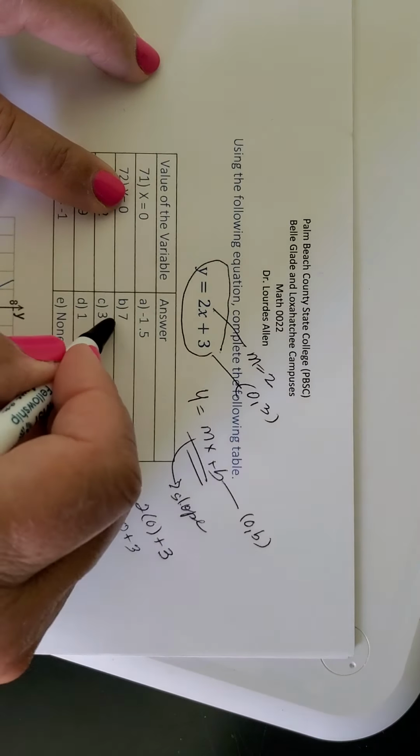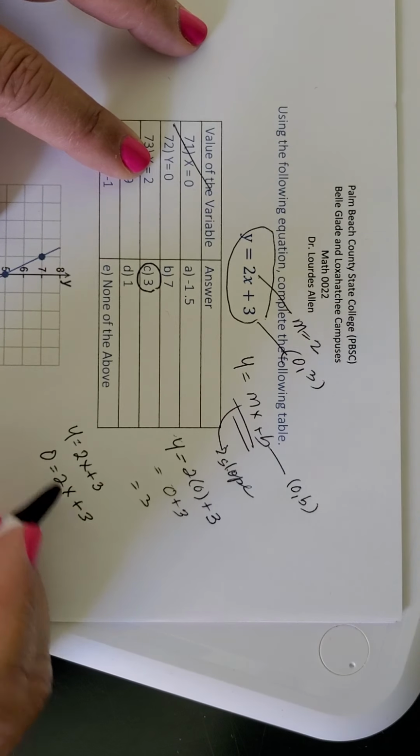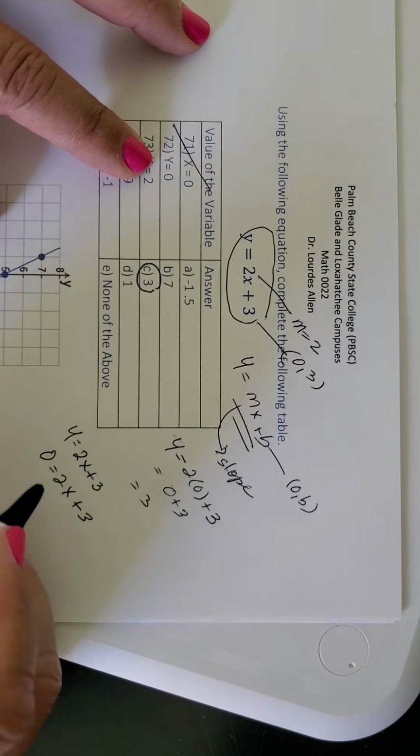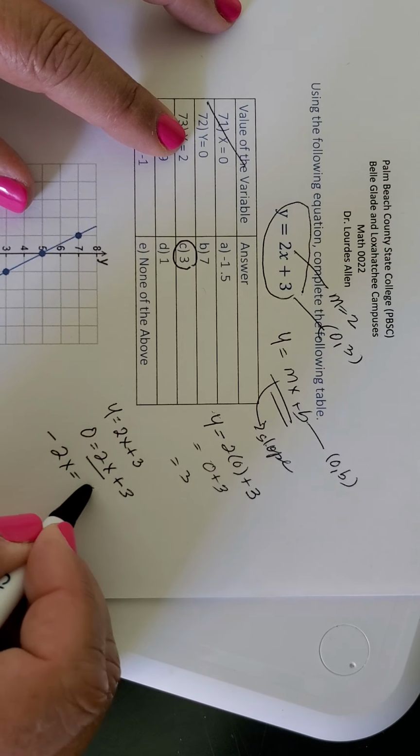Now, they're saying that y now is going to equal 0. So I rewrite the equation. y equals 2x plus 3. But now y is going to equal 0. So 0 equals 2x plus 3. What do you do with this 2x? You move this 2x to the left side because the x is supposed to be on the left side. So it was positive, became negative. Negative 2x equals 3.